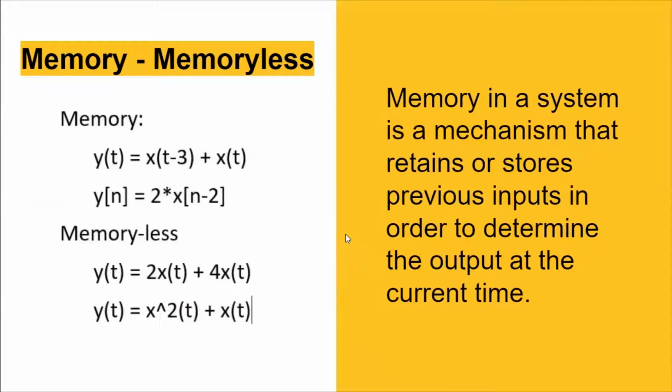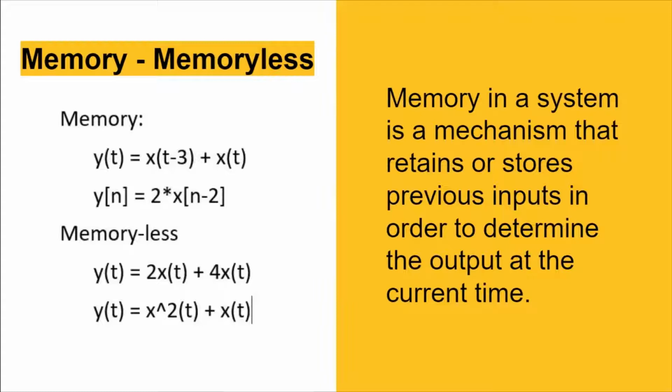So the first one is, what is a memory versus a memoryless system? We say a system has memory when the system is retaining or storing previous inputs or future inputs, including the current time. If you look over here at my examples, we have y of t equals x of t minus 3. That x of t minus 3 is going to be the value of x at an earlier time.